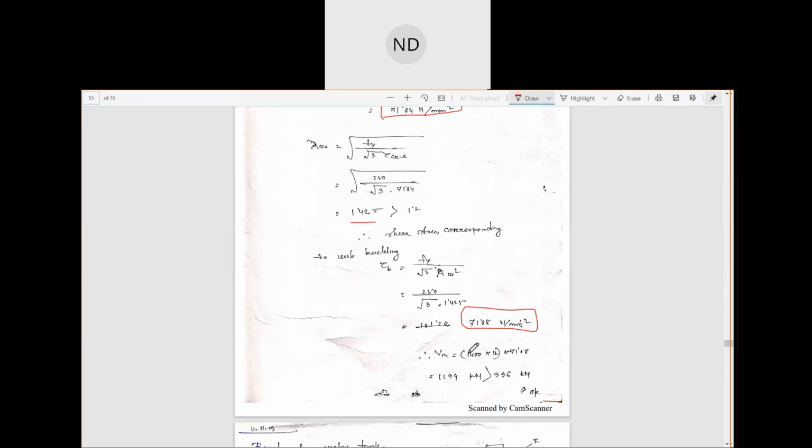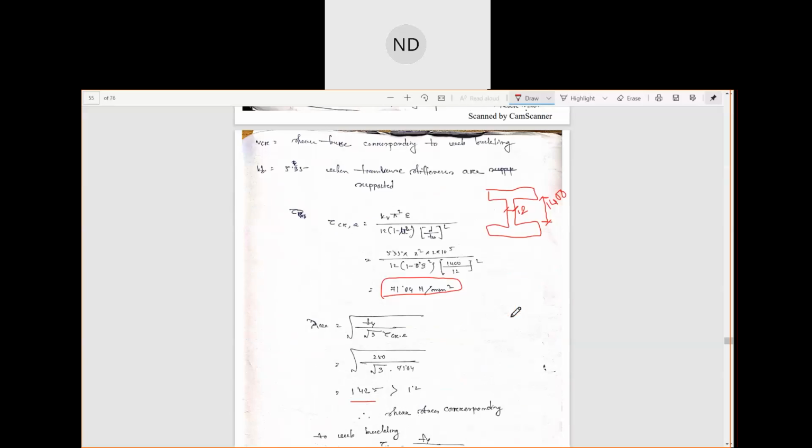So Vn is how much? Av into τb, where τb is 71.08. We have got our shear area, we know, because shear always occurs on the web.